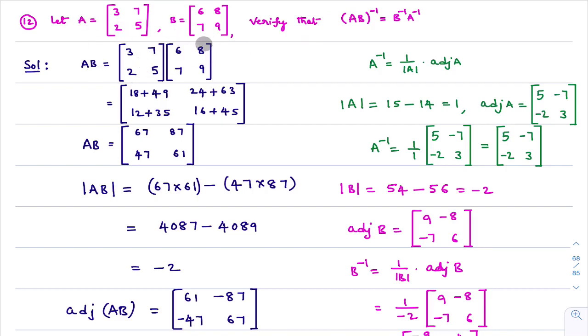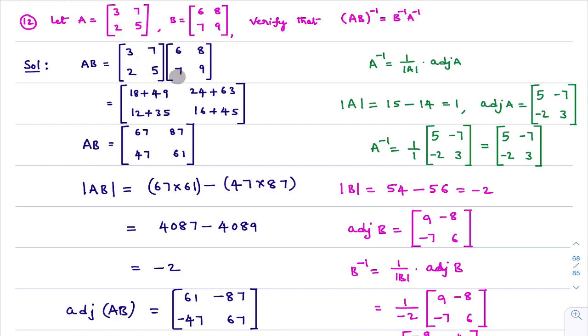You know how to multiply two matrices. In the matrices chapter you learned first row, first column. See, 3 6s are 18 plus 7 7s are 49. First row, first column is over. Now first row, second column. 3 8s are 24 plus 7 9s are 63. Okay. Now second row, first column. 2 6s are 12 plus 5 7s are 35.